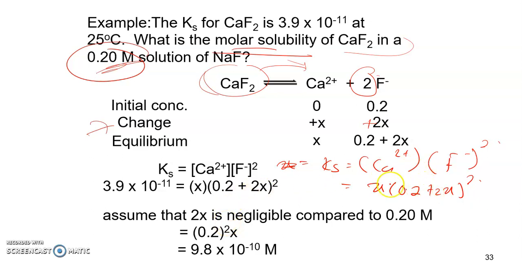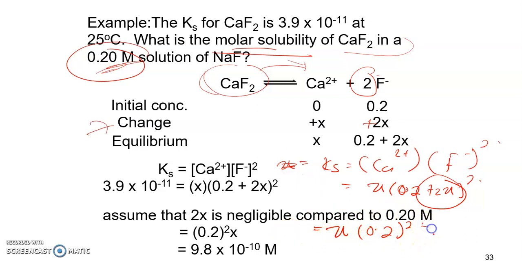Here we can assume that 2S is very, very small, so we can just use the value 0.2. So we have S times 0.2 squared.